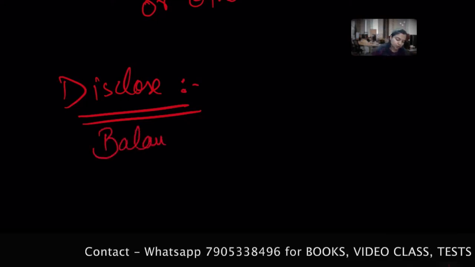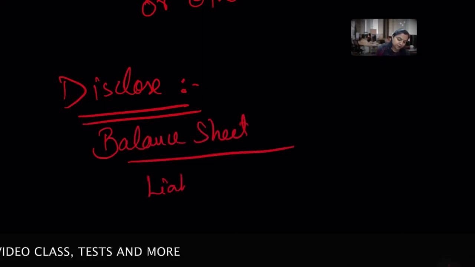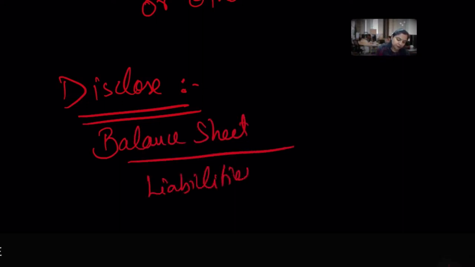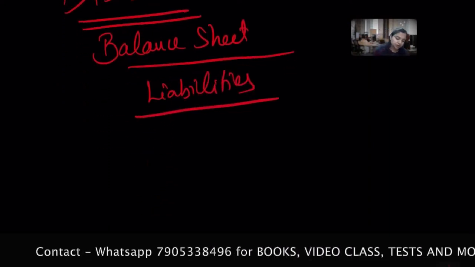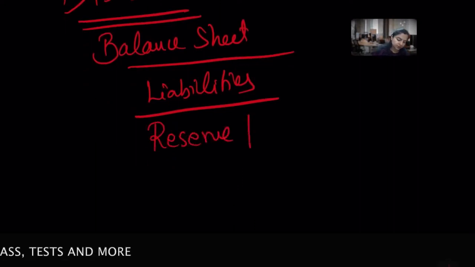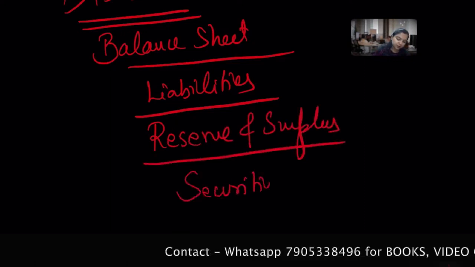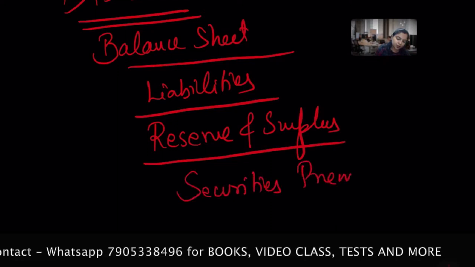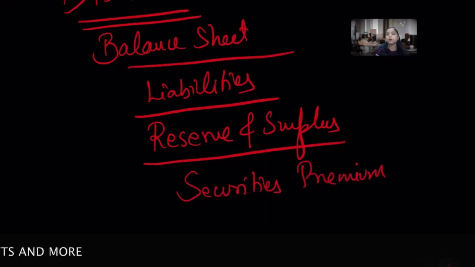So we will disclose it on the balance sheet, under the liabilities side, and because it's of a capital nature, under reserve and surplus, securities premium. Hope it's clear.